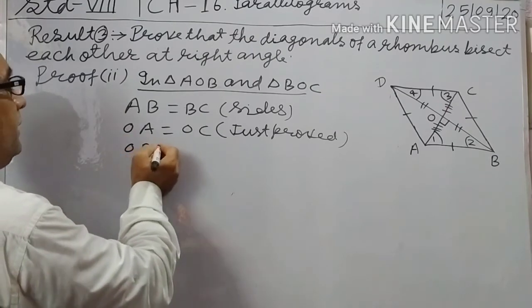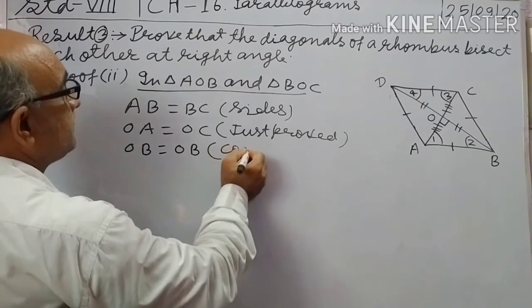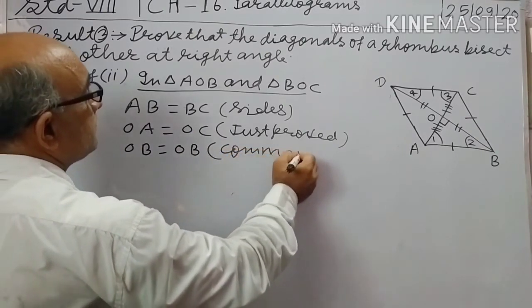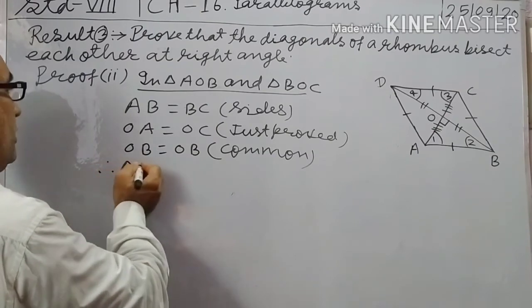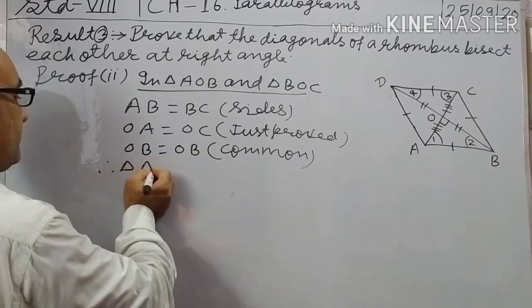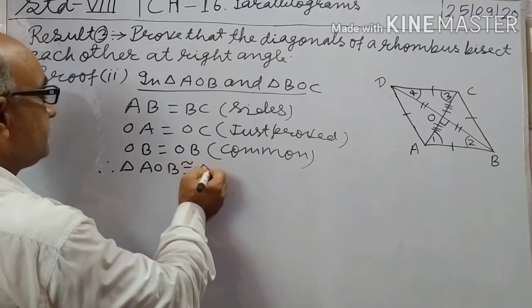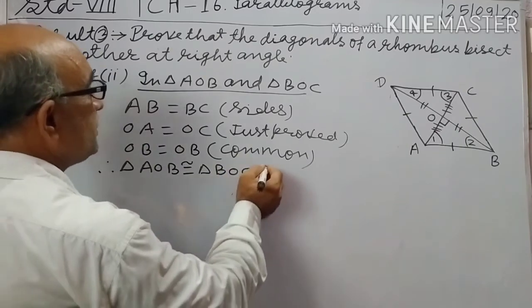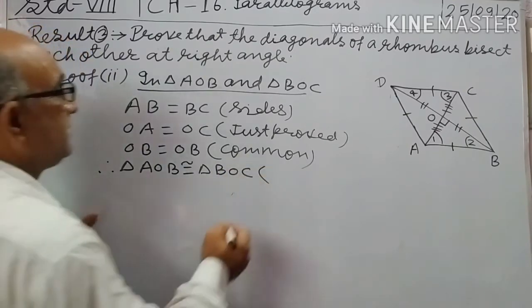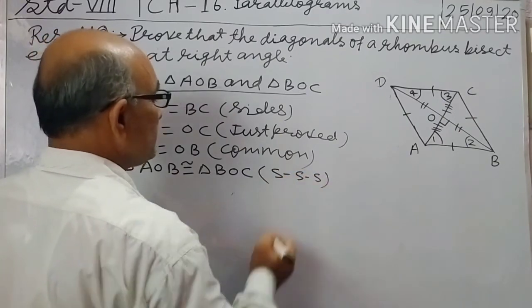And OB equal to OB, common. Therefore, triangle AOB is congruent to triangle BOC, by side-side-side condition.